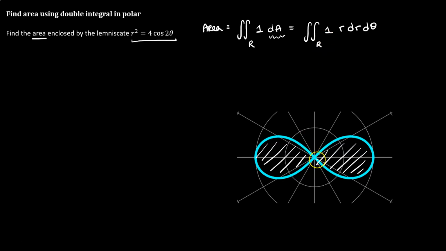Now, because we're integrating underneath a constant function 1, and we have symmetry within the region R, we can do some shortcuts here. So instead of integrating over this entire 0 to 2 pi, let's look at one section and then we'll replicate it.